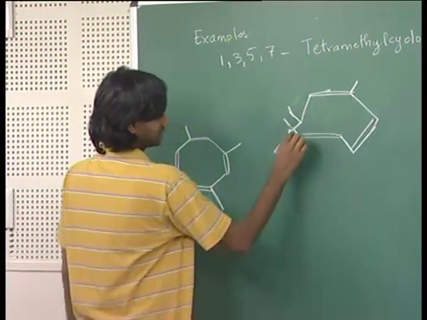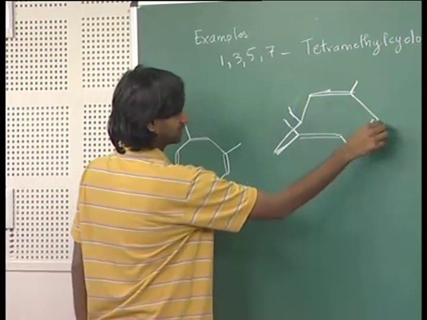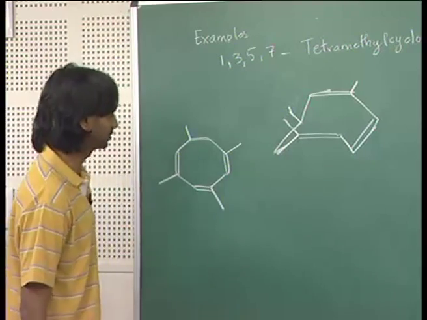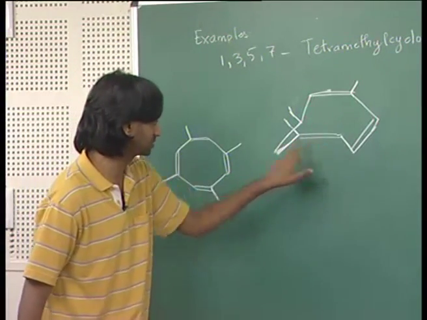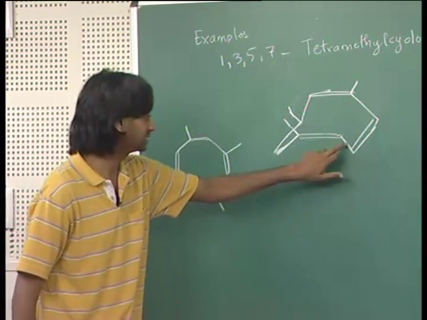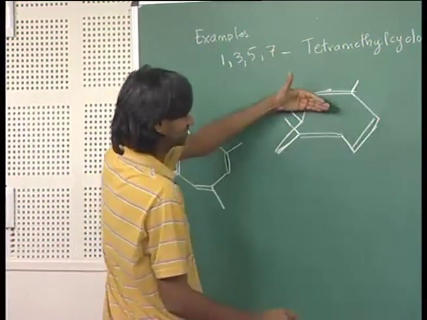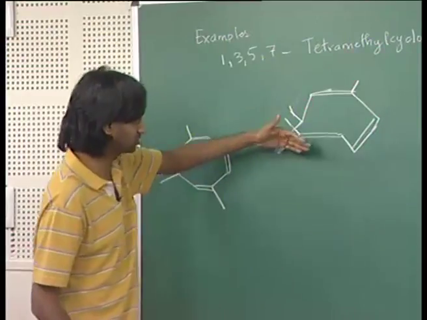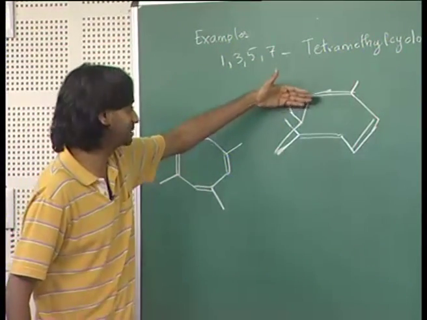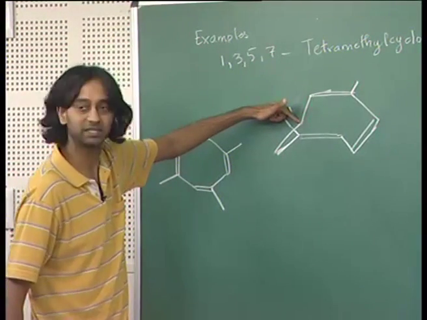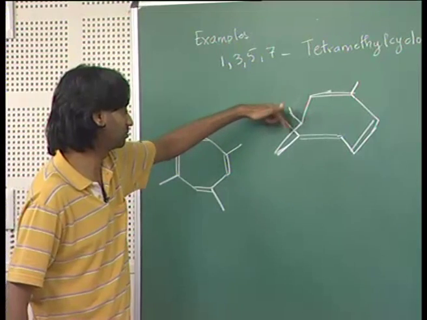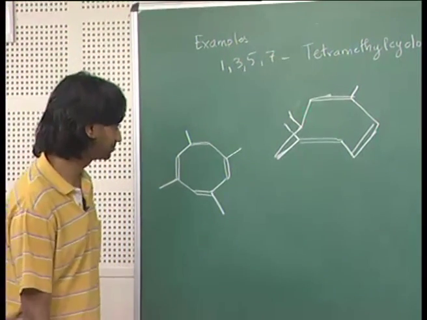There are 3 more that form a similar structure on that side. These 4 carbon atoms, 1, 2, 3, 4 and 3 bonds, form a structure like this. There is another parallel structure like this. You should imagine it being directly behind this, and these 2 are joined through a bond between these 2.